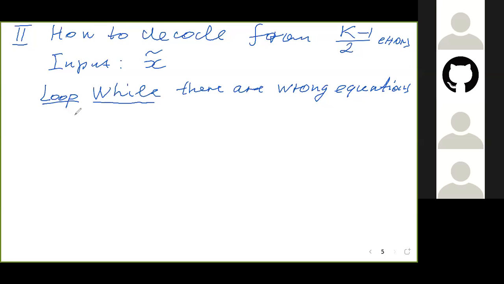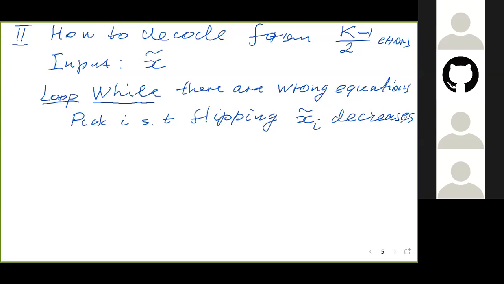First, pick i such that flipping tilde xi decreases the number of wrong equations.